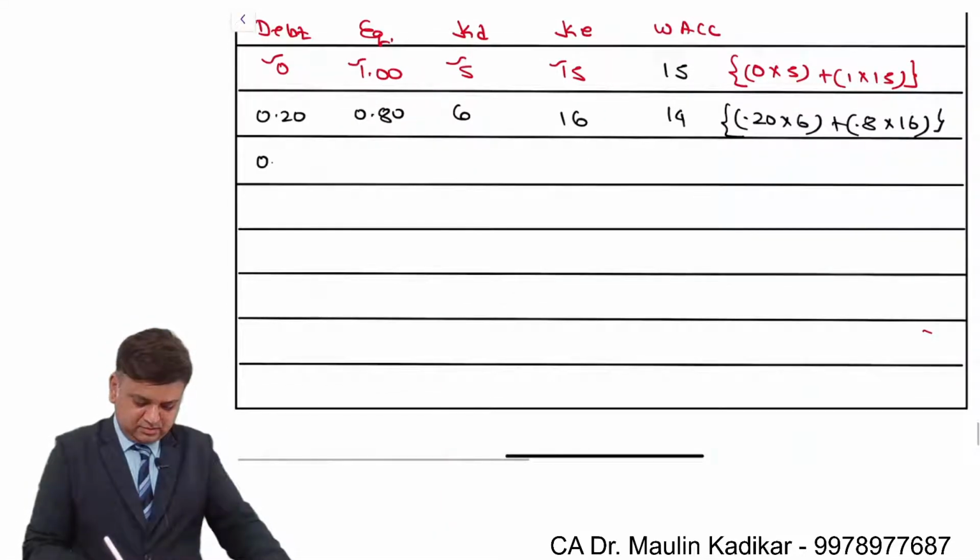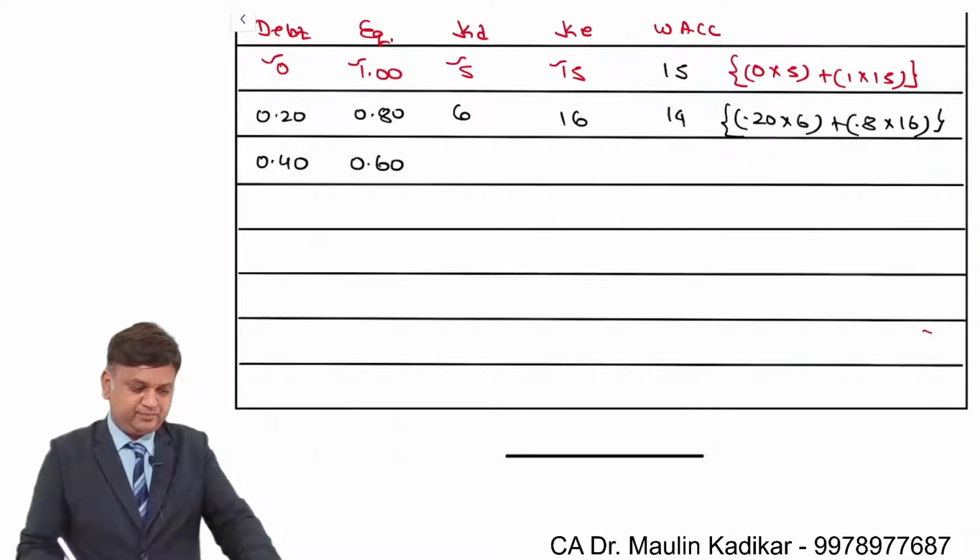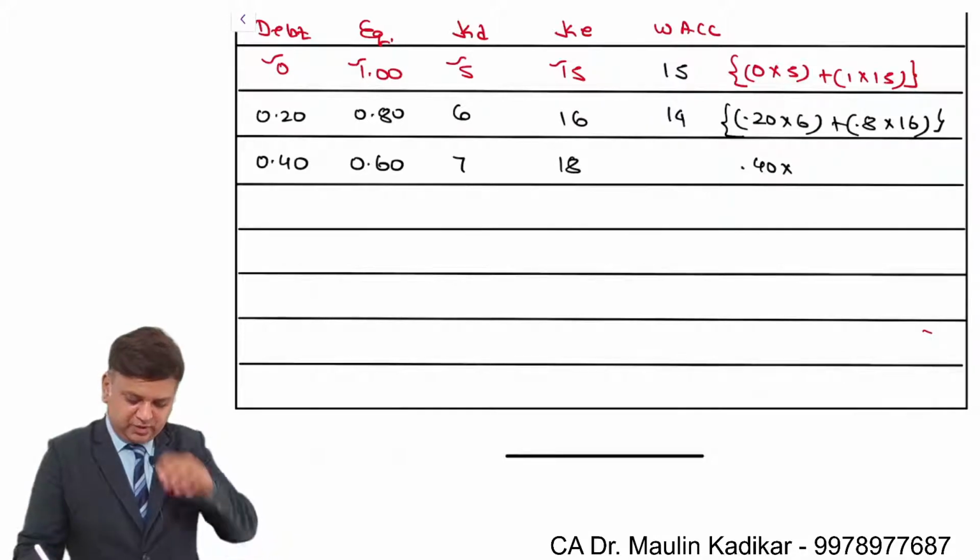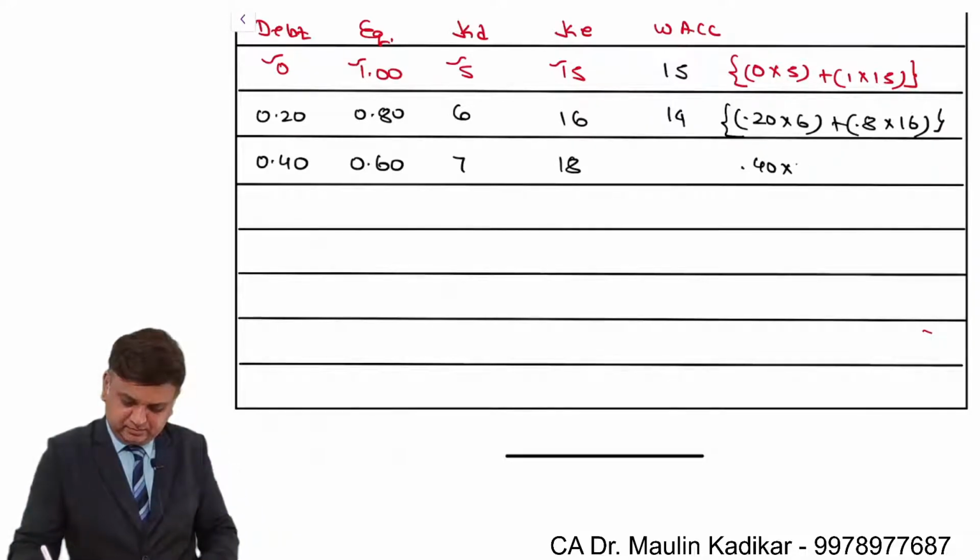Next, 0.4 and 0.6. For debt financing, the cost is 7 and for equity it is 18. So 0.4 into 7 plus 0.6 into 18.